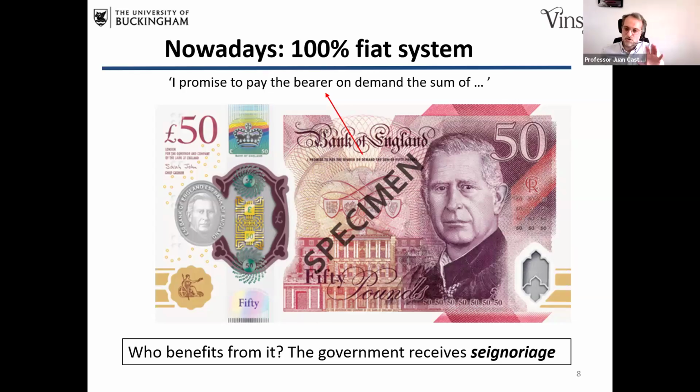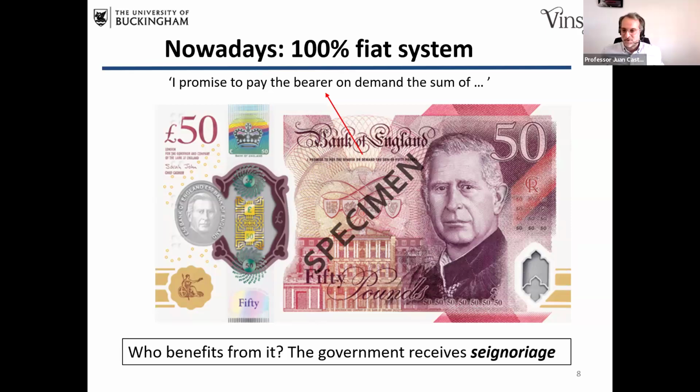Seigniorage is the difference between the total nominal value of the money printed by the Bank of England and the cost of production of those notes. The average cost of production of a note is something between 6 and 8p, so less than 10p per note.